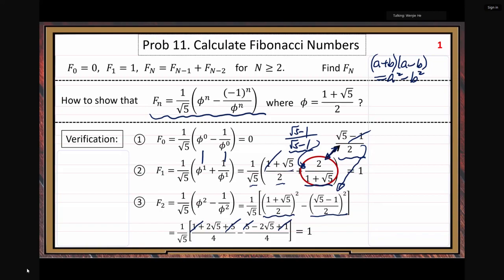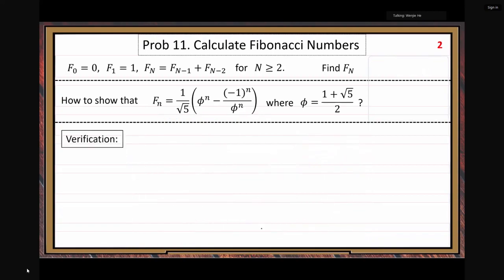Let me show you next. Verification, step number 4. F3 this time. Although you can use the old way to do it, here I want to show you a new way to do it. All right.